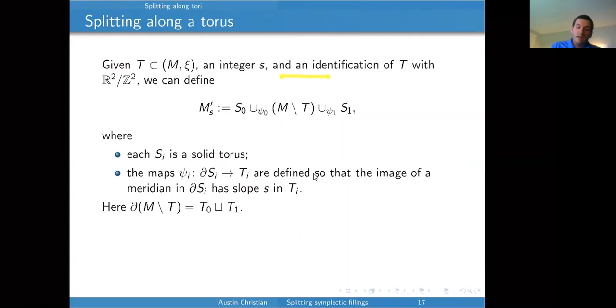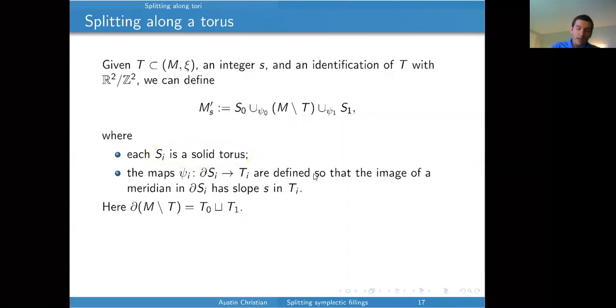So once we have that identification of T with R2 mod Z2, and we choose some integer S, we can split open our contact manifold along the torus. We will then have 2 boundary torus components along which we can glue in a solid torus.